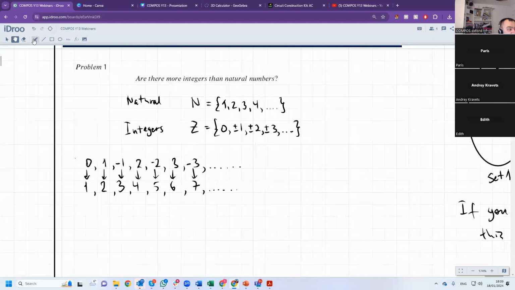So the answer is: the integers are a countable set.